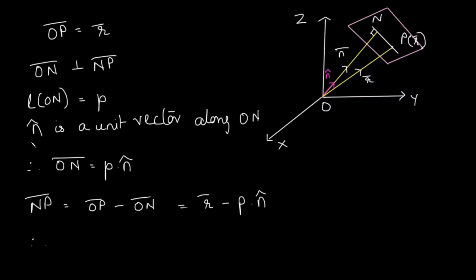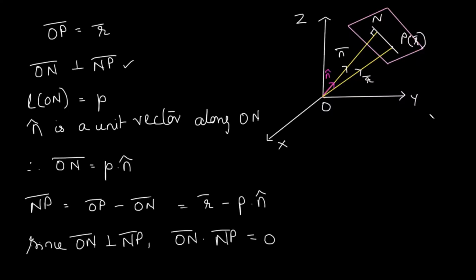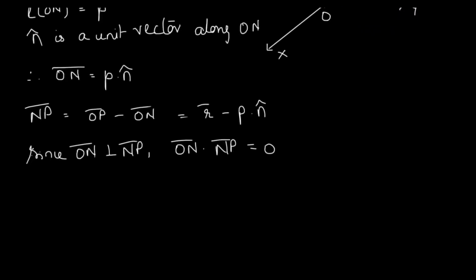So since ON is perpendicular to NP, we can write ON dot NP is equal to 0. The dot product of perpendicular vectors is 0. Remember that.